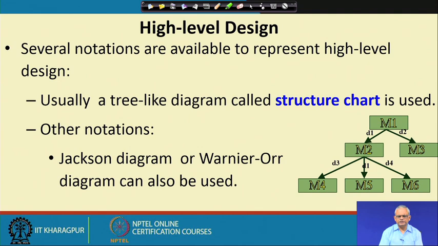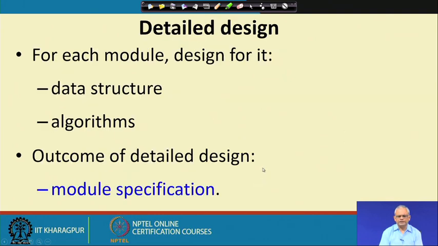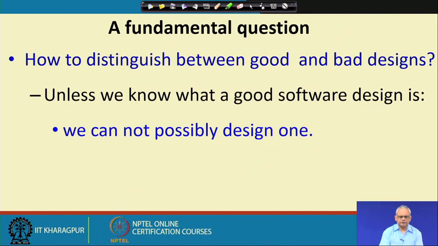But then the structure chart is not the only representation that is possible for the high level design. There are many other notations, for example, Jackson diagram, Warnier diagram and so on. Once the high level design or the architectural design is complete, we take up the detailed design. In detailed design, we look at what are the modules that have been identified during the high level design, and then for each of the modules we need to design the data structures and also the algorithms to be used.